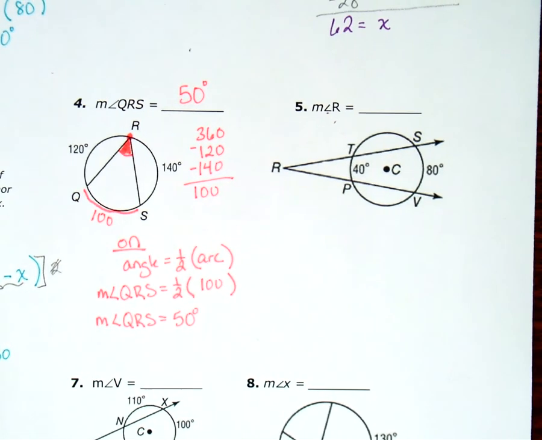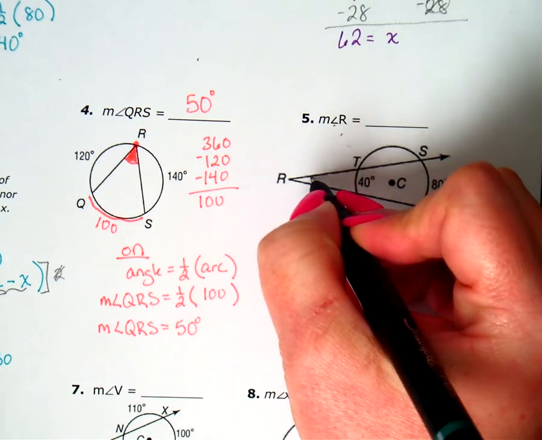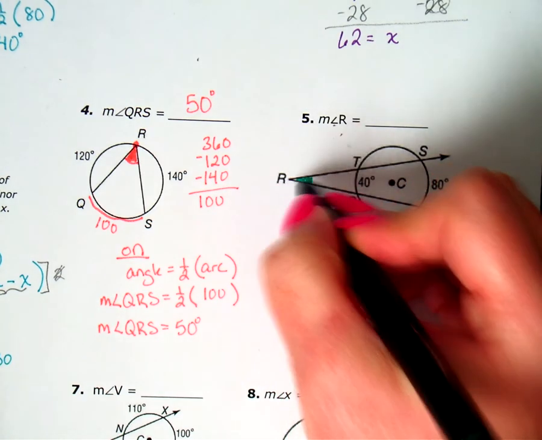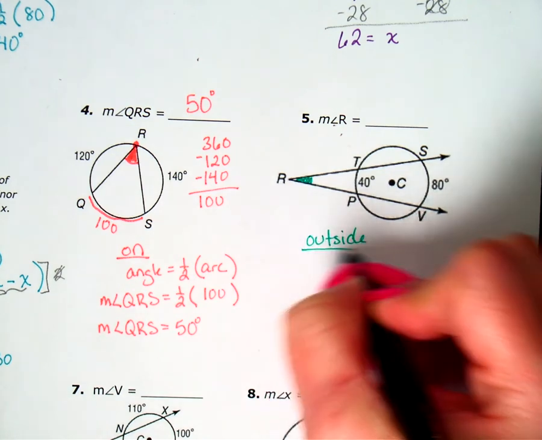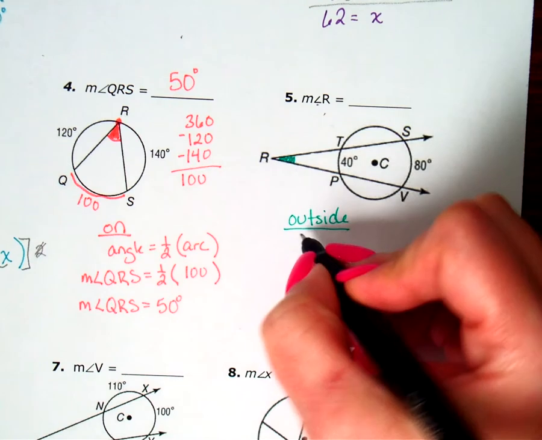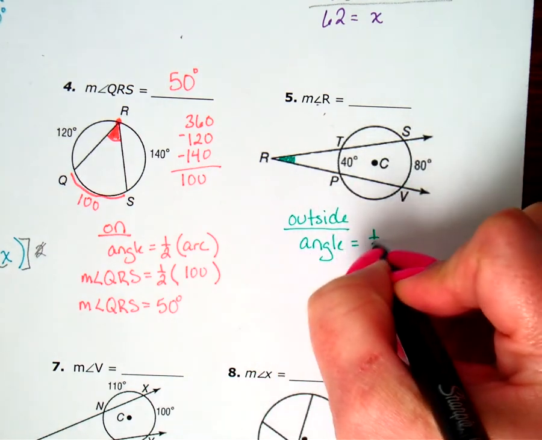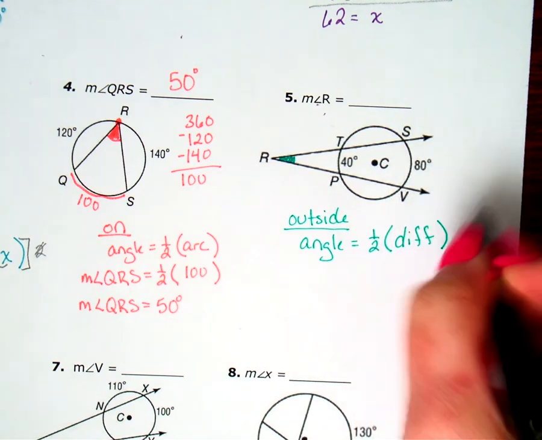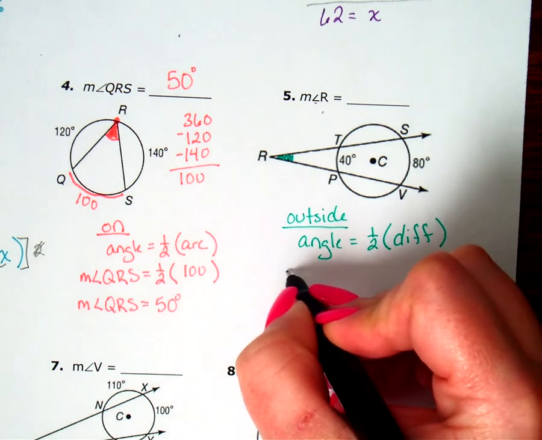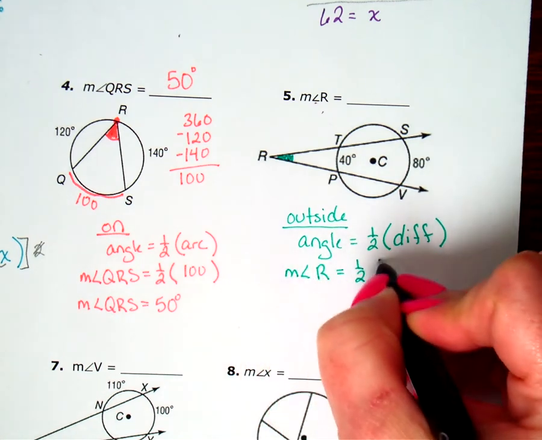Okay. All right, number 5, my intersection, angle R that I'm trying to find, is outside. Since it's outside the circle, my angle equals 1/2 the difference. So that angle, the one I'm trying to find, the measure of angle R, is equal to 1/2.